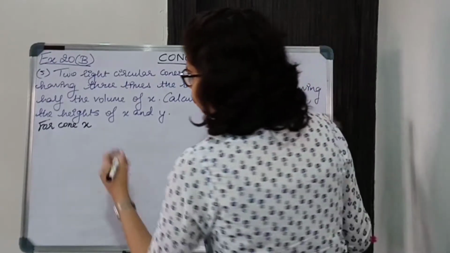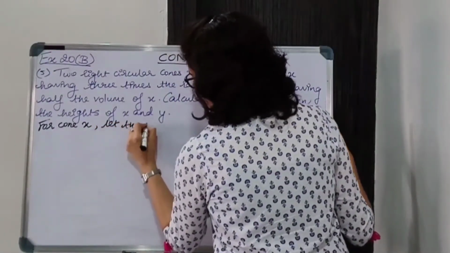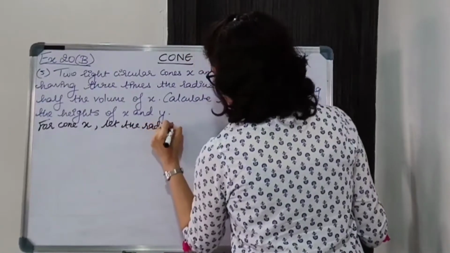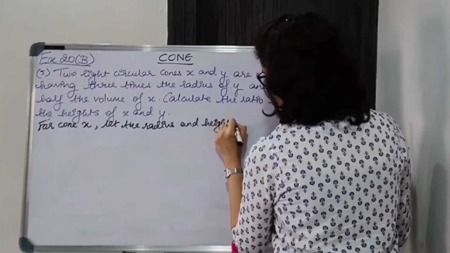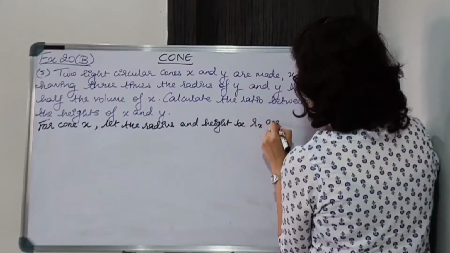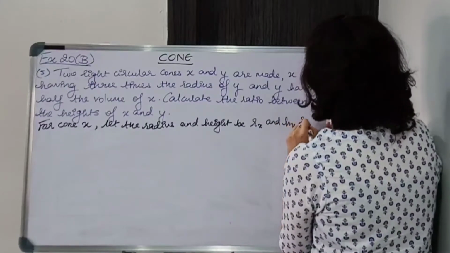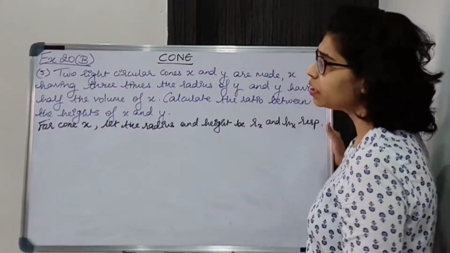So for cone x, let the radius and height be rx and hx respectively. Same thing for cone y.